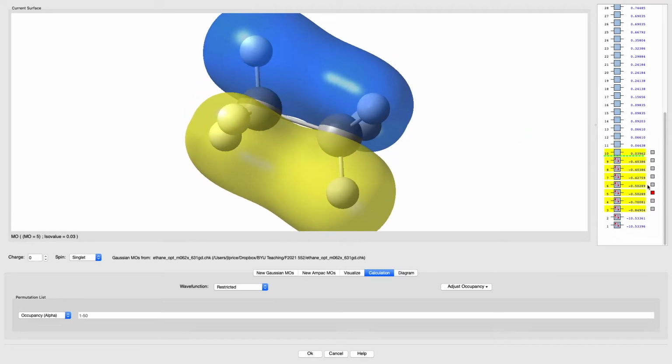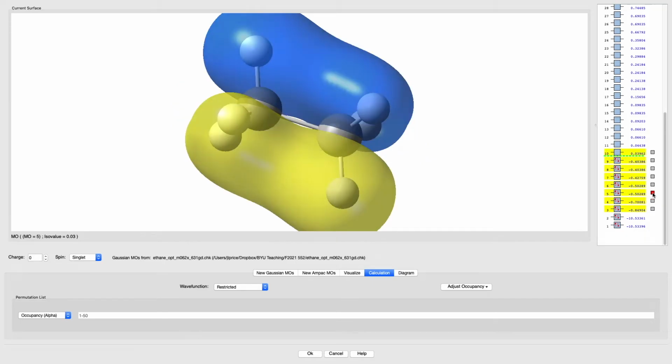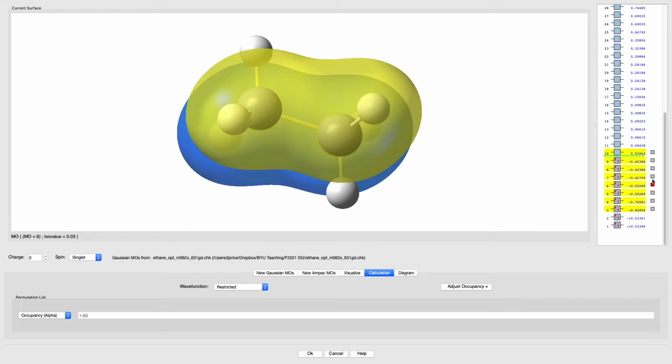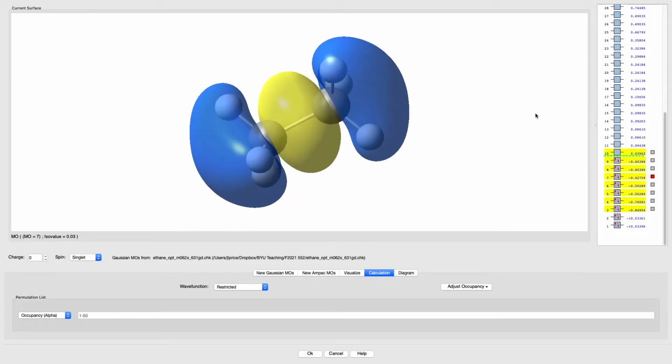All right, so we've accounted for the sigma plus sigma, the sigma minus sigma, one of the pi's plus pi, the other pi plus pi. We're still missing the two minus pi combinations and the sigma out combination. So sigma out comes next.